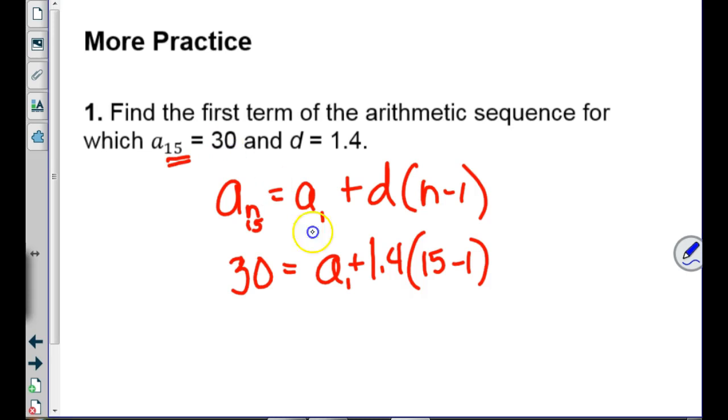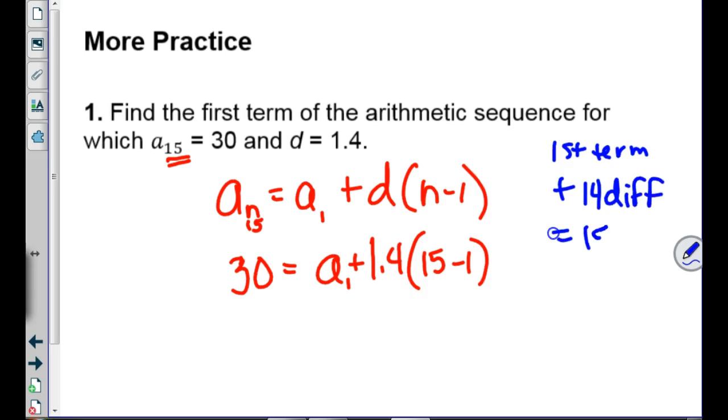Does that make sense? The first term plus 14 differences equals the 15th term. So the first term plus the difference 14 times gave us this term.